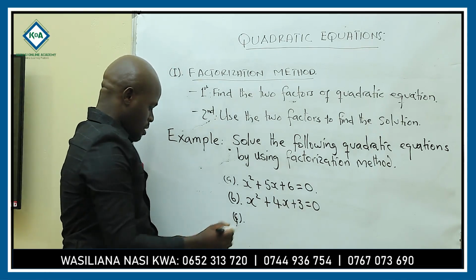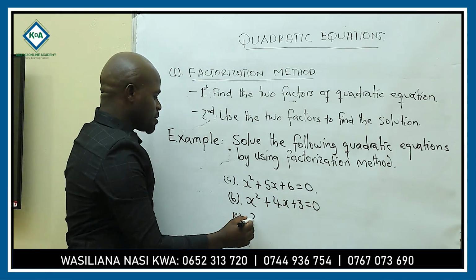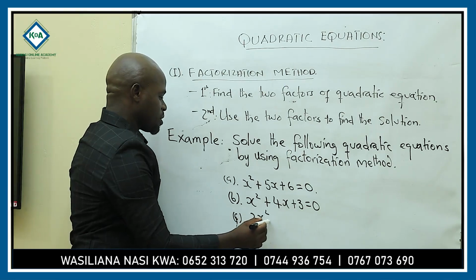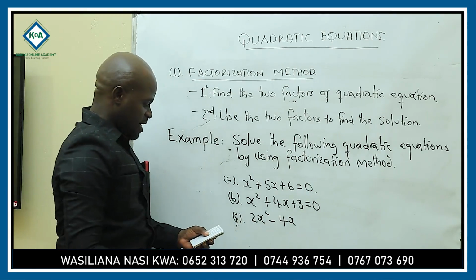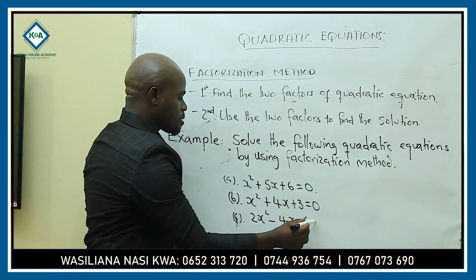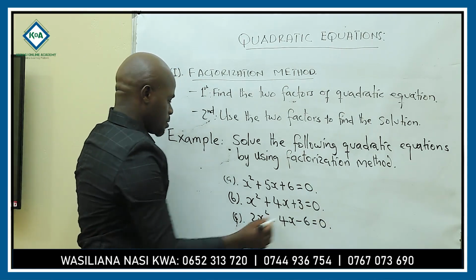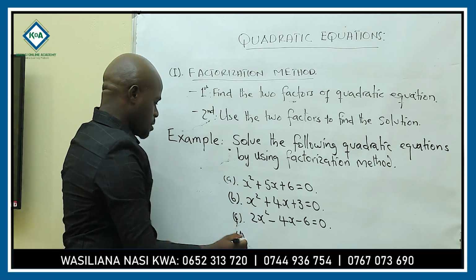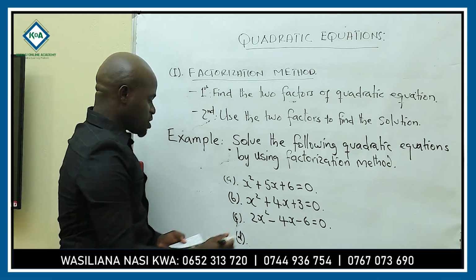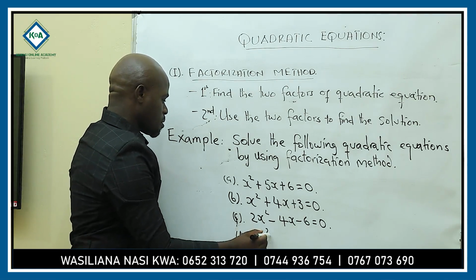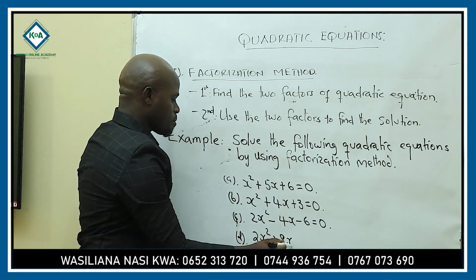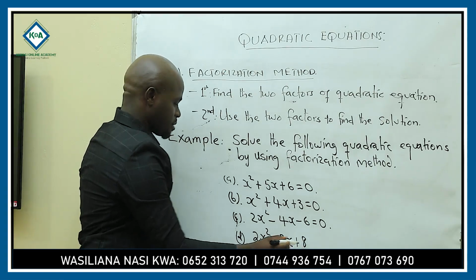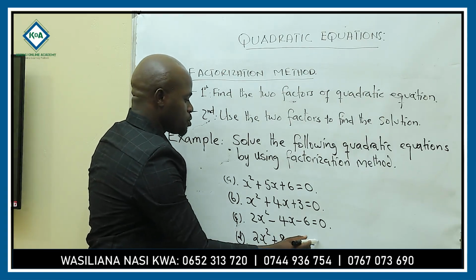And C, we have 2x squared minus 4x minus 6 is equal to 0. D, we have 2x squared plus 8x plus 8 is equal to 0.